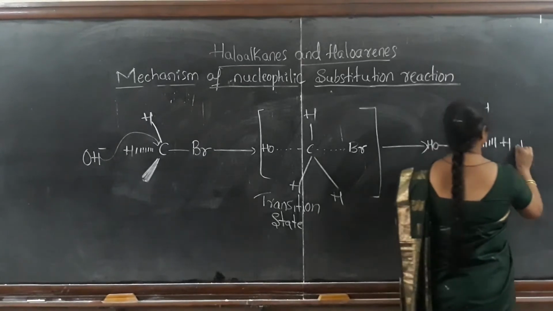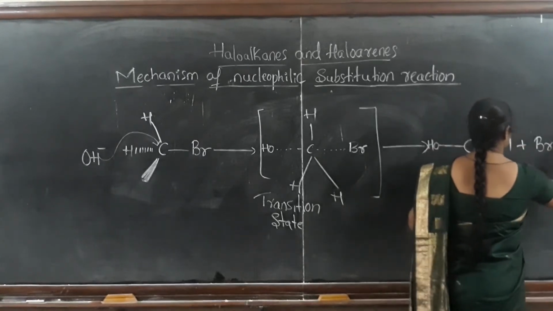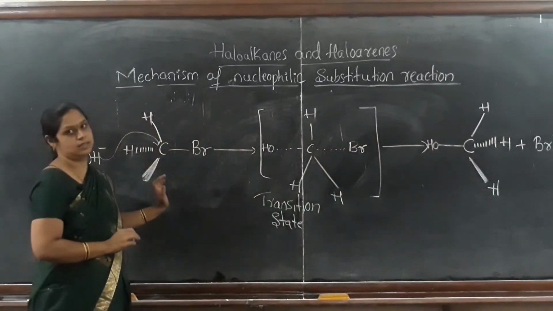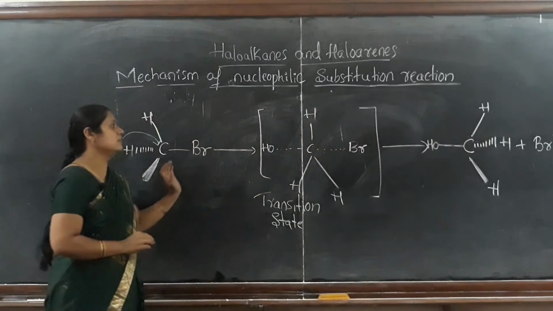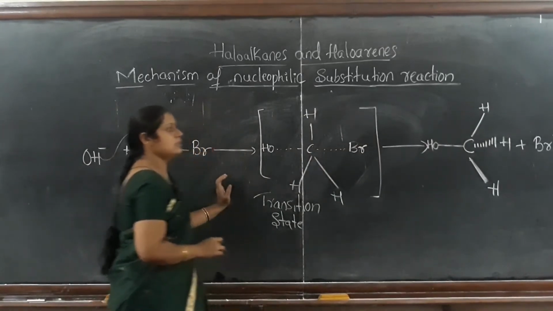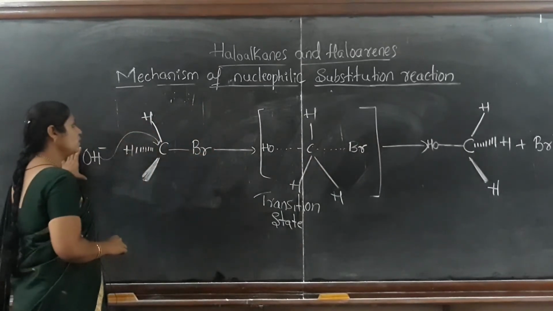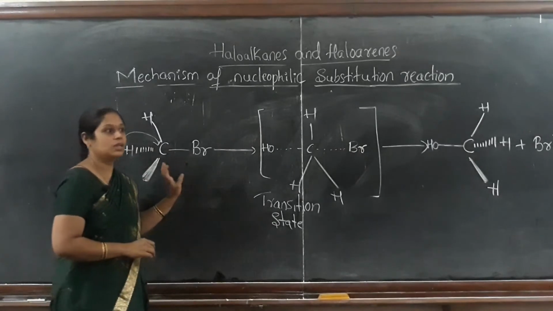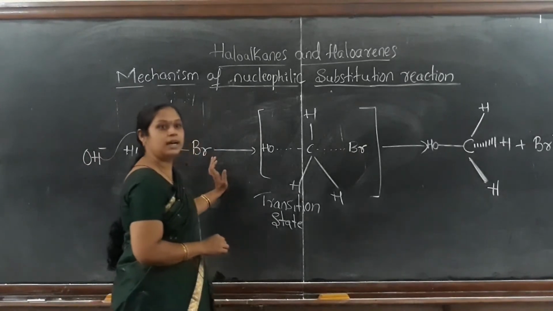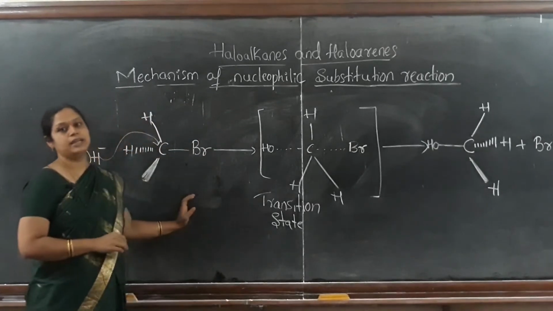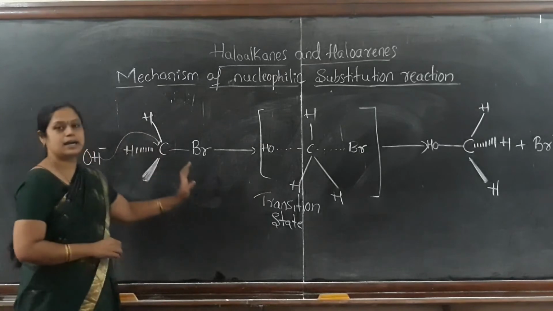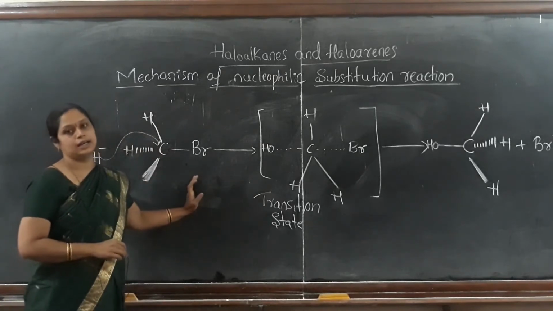This is a single step and the rate of the reaction depends on both the nucleophile as well as the alkyl halide. So, this is second order and this is the rate determining step where both the nucleophile and alkyl halide are involved.